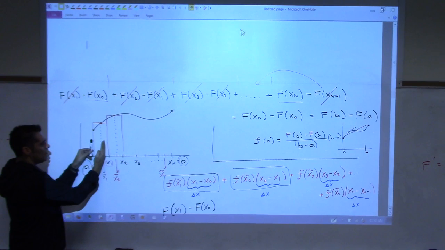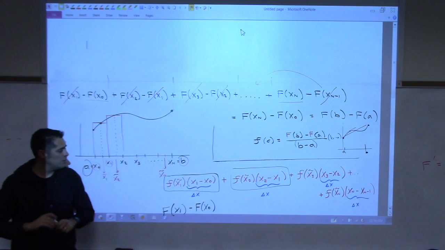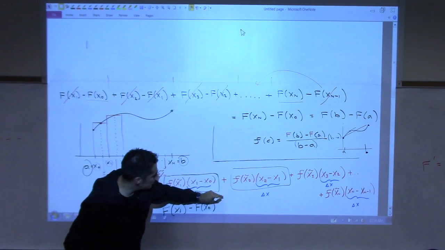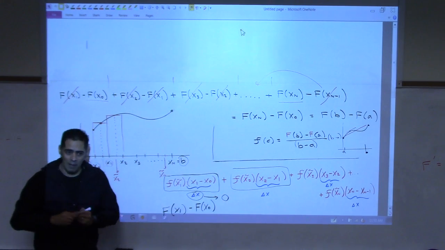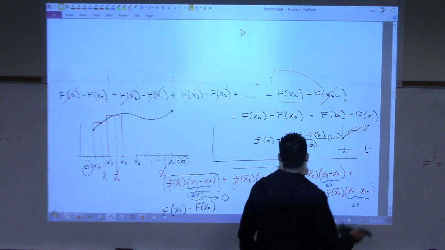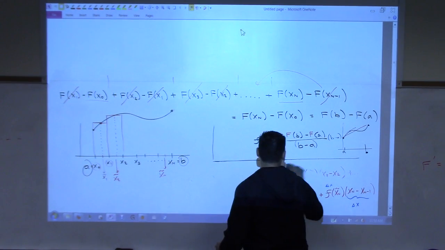If we make these smaller, then they're going to become more narrow, which will get us better and better approximations. So we let the delta x go to 0. We take a limit.